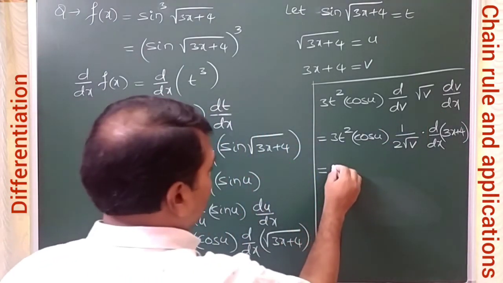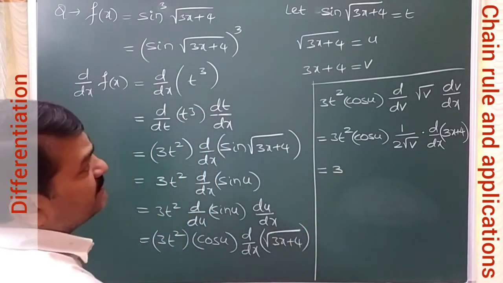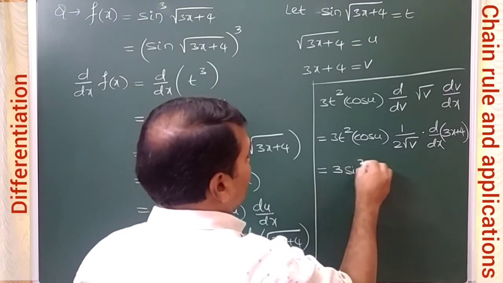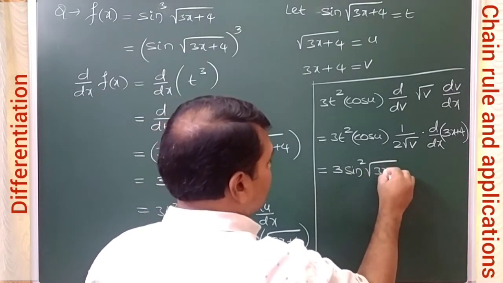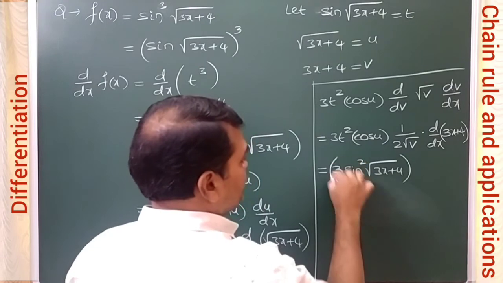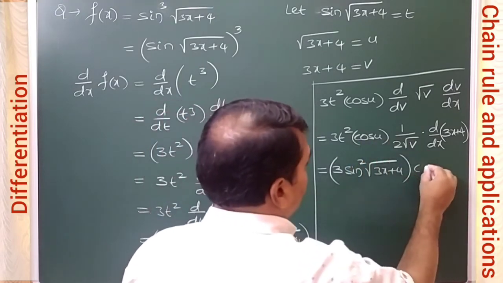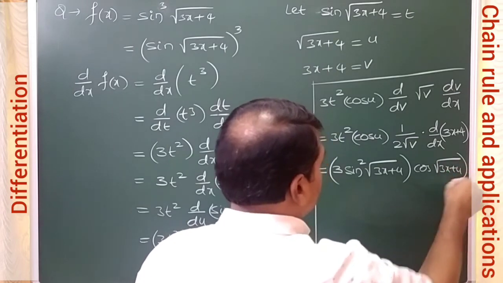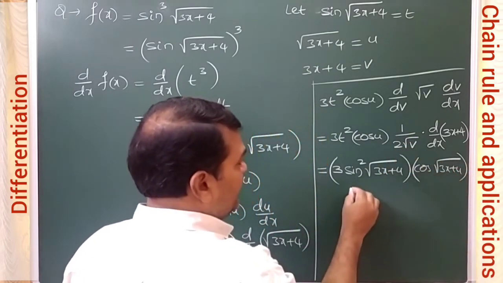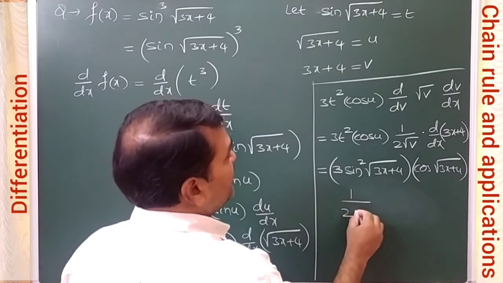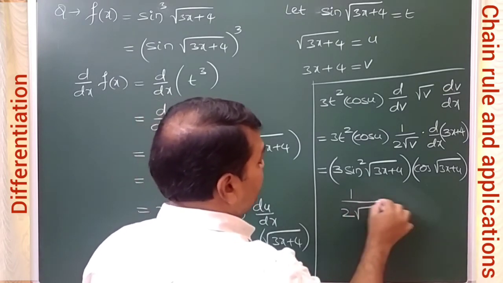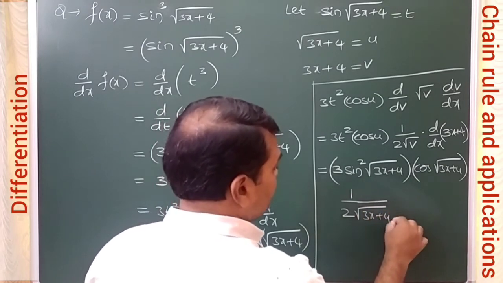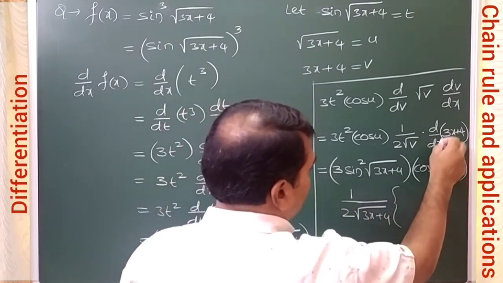Substitute all values. 3t square, what is t? This one. So 3 sine square under root 3x plus 4, cos u means cos under root 3x plus 4, 1 by 2 root v means 1 by 2 root of 3x plus 4, into the derivative of this.